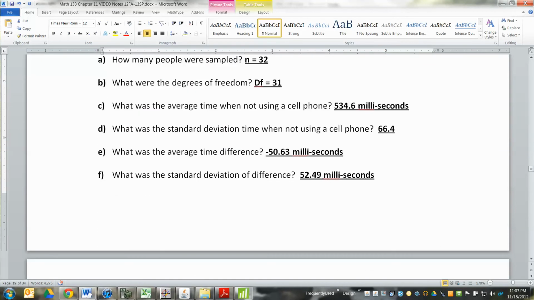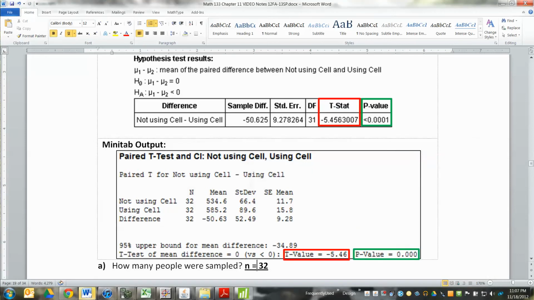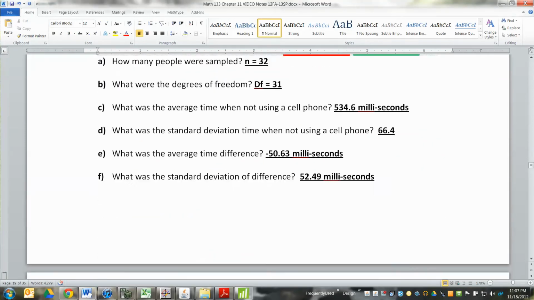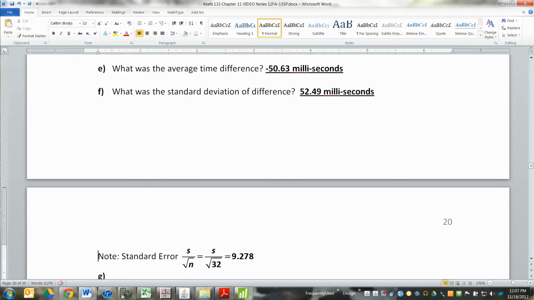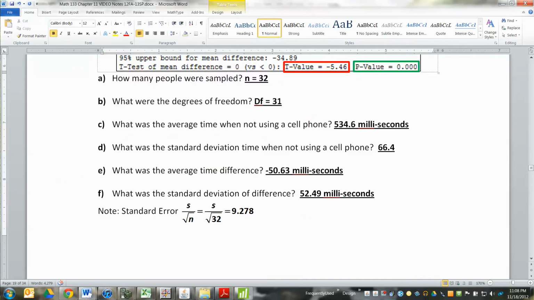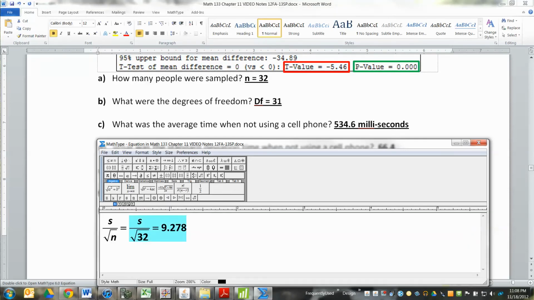So don't forget, you could use the formula for standard error, which is right there. Standard error is S over the square root of n, which is S over the square root of 32, which is equal to 9.278. You can just find what the square root of 32 is and multiply both sides of the equation by that, and you've got it.